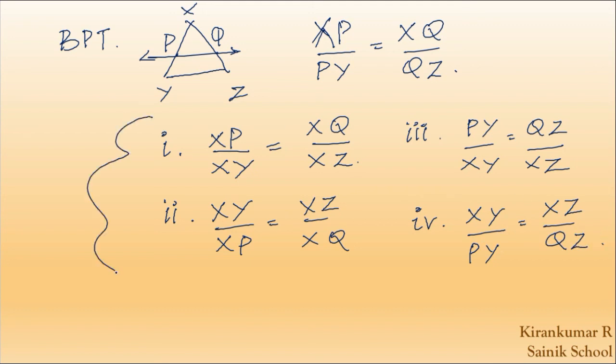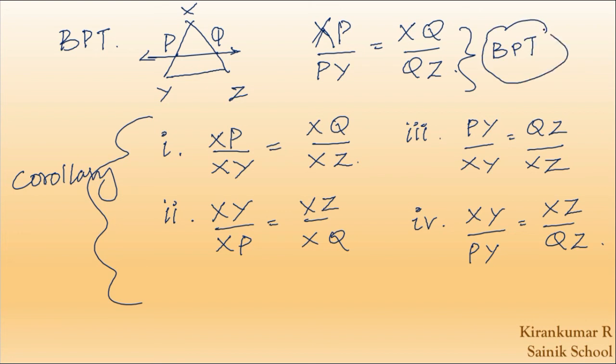We are going to use these corollary results and the basic proportionality theorem in solving questions. In the next session, we shall solve a few questions related to the basic proportionality theorem. And we will also see the converse of the basic proportionality theorem.